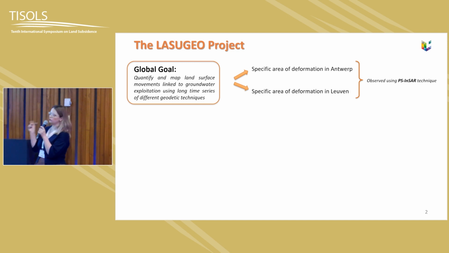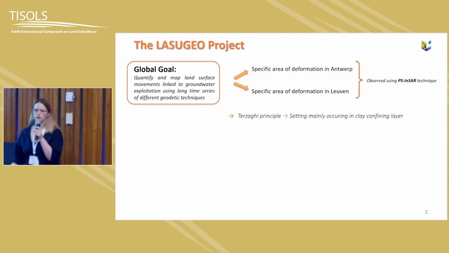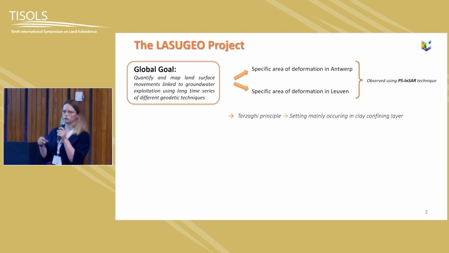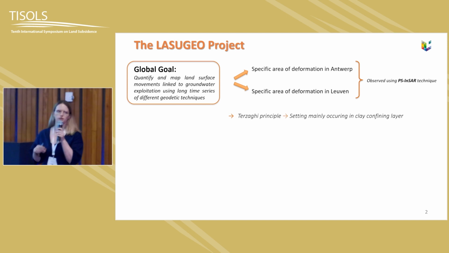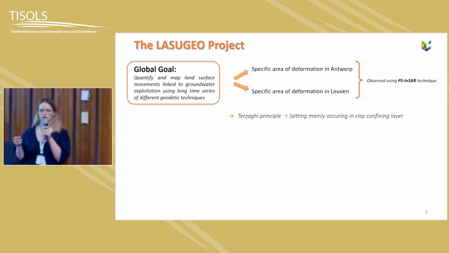We chose these two study cases because we identified some deformation in this area using radar imagery, observed with the PS-InSAR technique. The hypothesis for this area is that, due to groundwater withdrawal, there is delayed subsidence occurring in a low permeability layer.